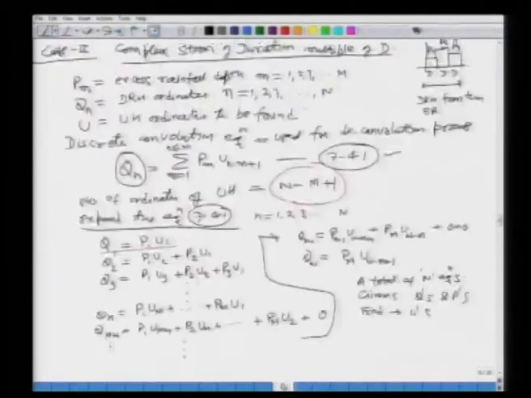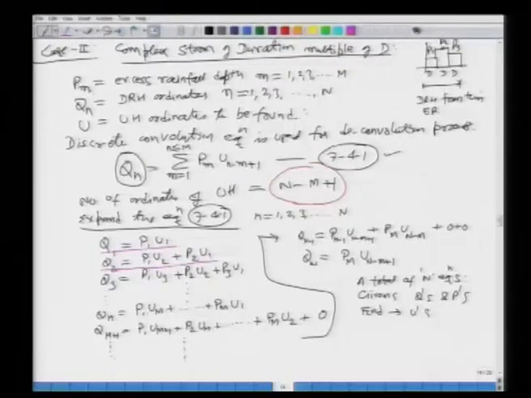Let us go back. You look at the second equation, the one I am underlining with the pink color. q2 is known, p1 is known, u2 is what we want to find out, p2 is the rainfall which is known, and u1 is something we just calculated. So, the only thing unknown in this equation is u2, which we can find easily.